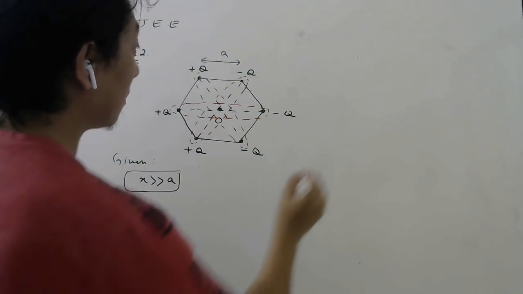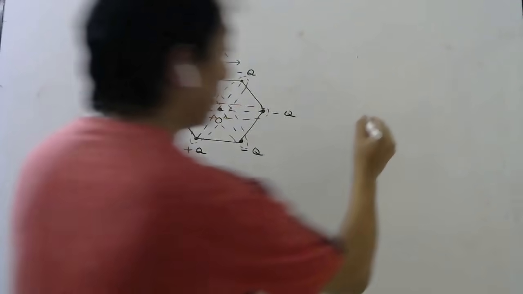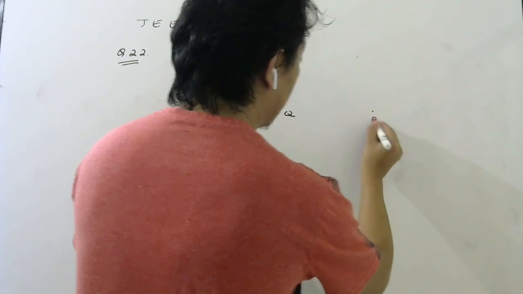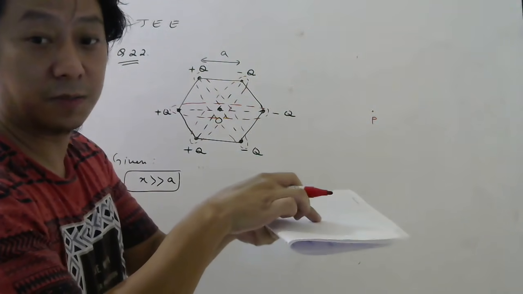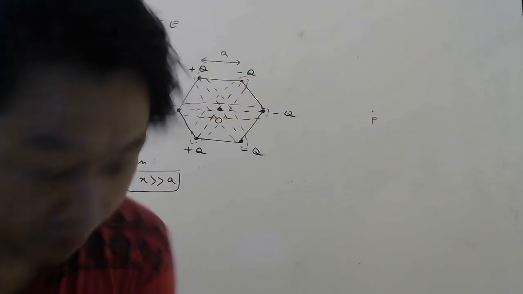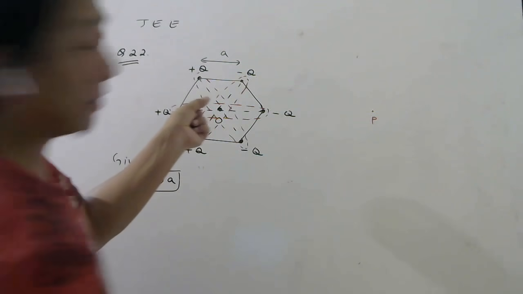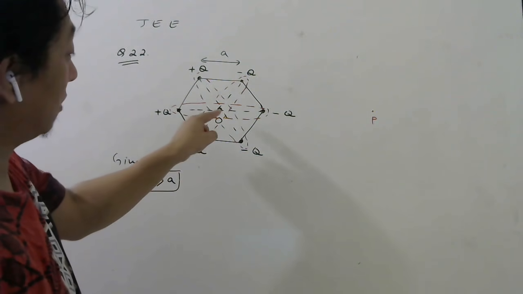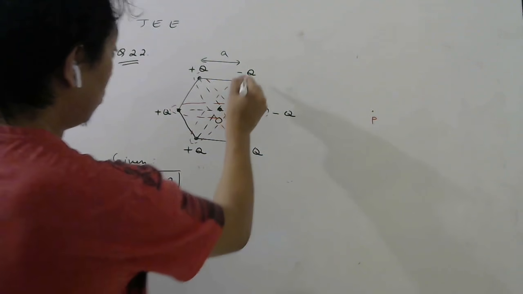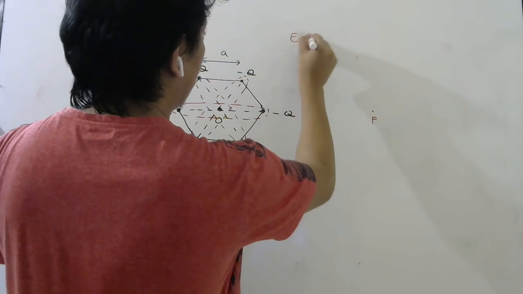Okay. So let us say this point, wherever they want, let me say it is P. It is not O. O is this point. They want at some point P. Now look carefully. If I see from here, this point will be on top of this point, right? Now due to this dipole, let us calculate electric field due to one dipole.